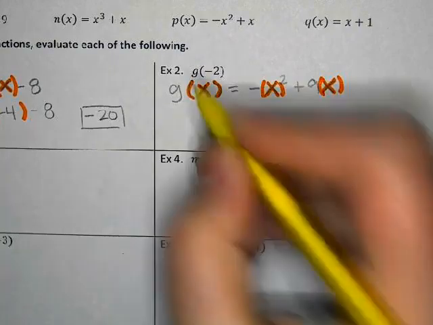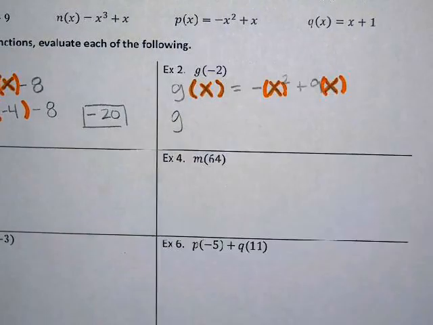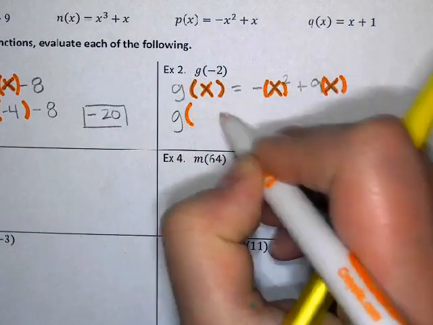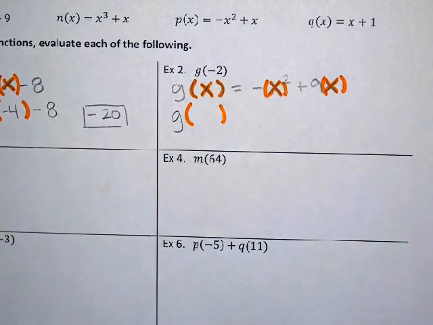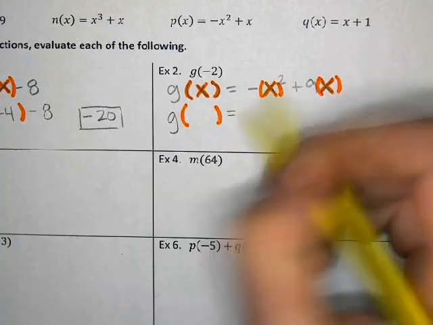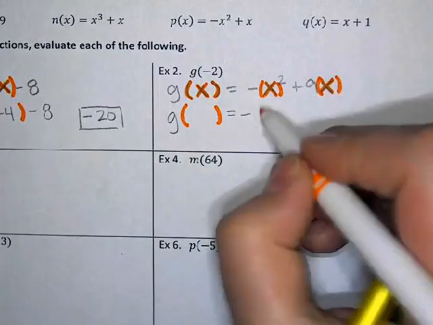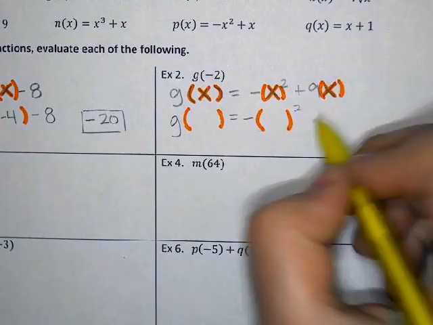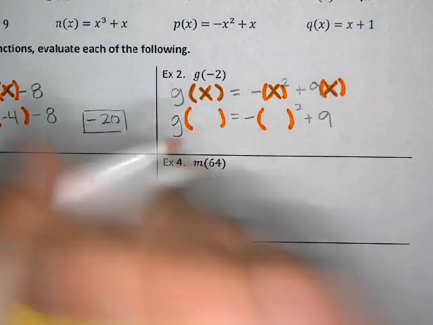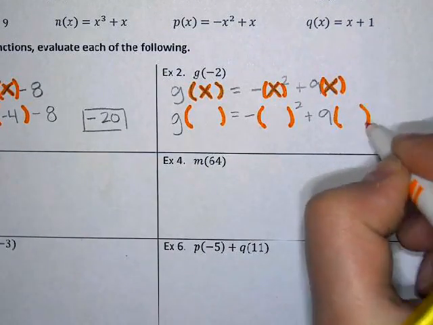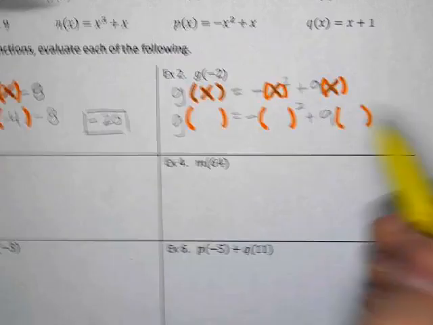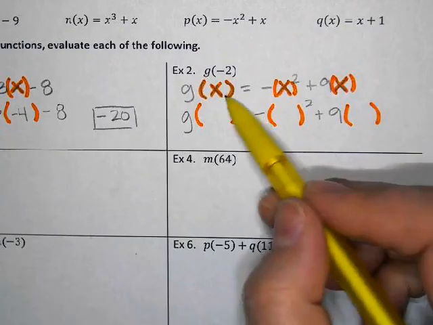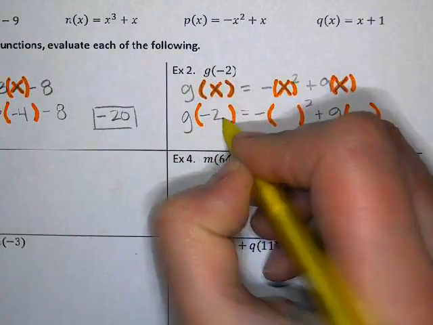Okay, so I have g of x equals negative x squared plus 9 times x. And the number that I'm plugging in for the x is negative 2.